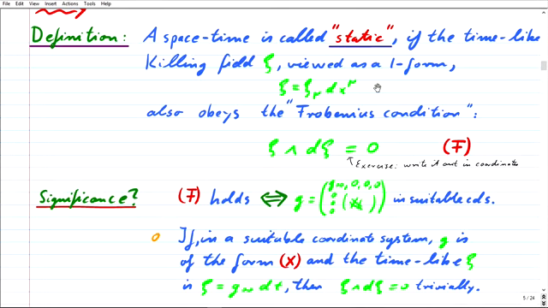If the Killing vector field is not only time-like but also obeys that condition, then, and only then, there is a coordinate system in which the metric takes this form.